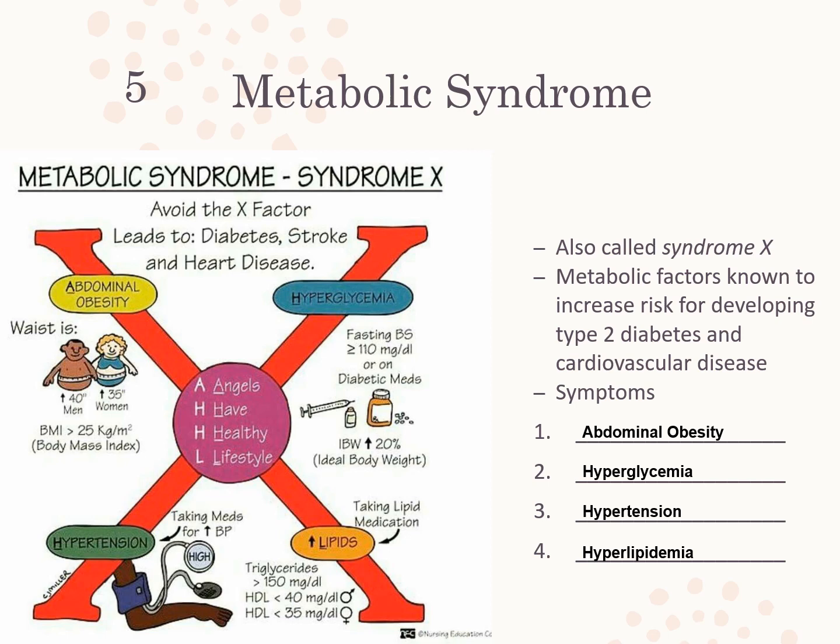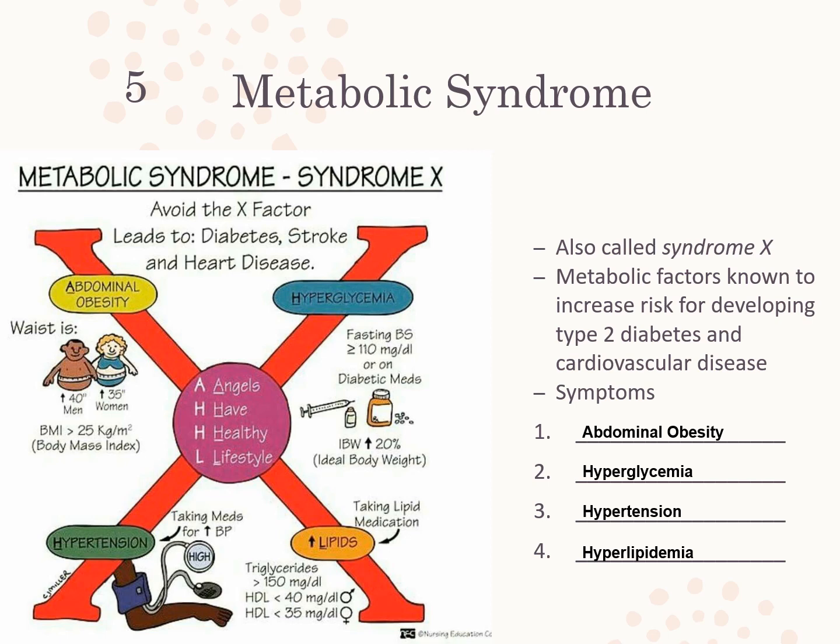If that's less than 40, that is not good, and that's for men. And women, we have a little bit more if it's less than 50. Let me just repeat those numbers. Triglycerides greater than 150, or if they're on drugs for high cholesterol, or if their HDLs are less than 40 for men and less than 50 for females.